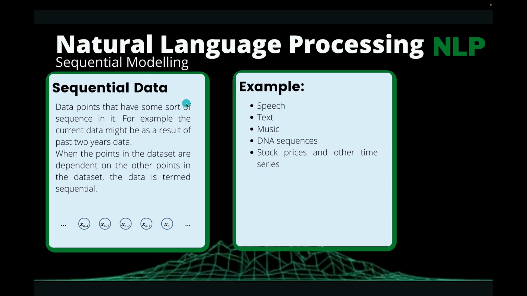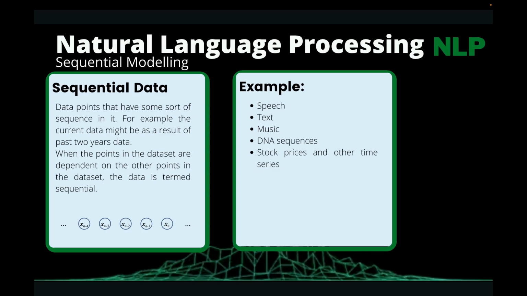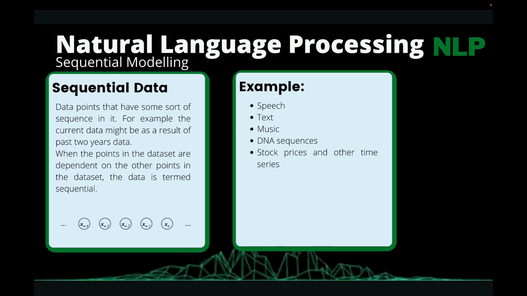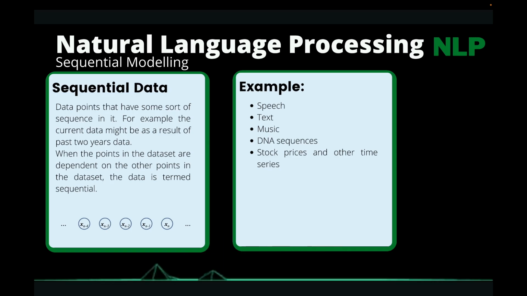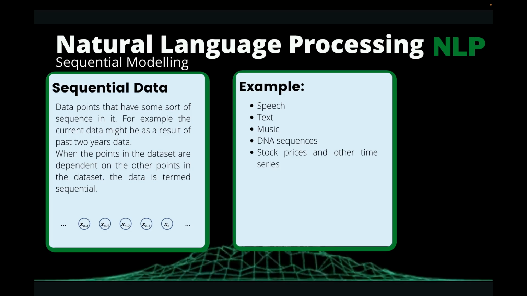Throughout your journey in natural language processing, that's what you're going to do: incorporate sequential data and build robust applications using natural language processing. So let's first understand what sequential data is.